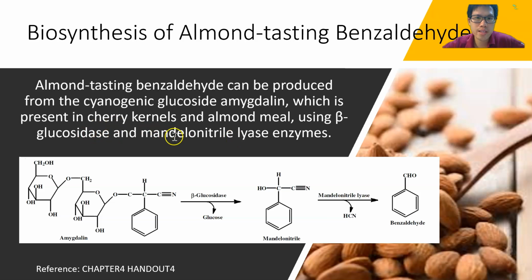Using these two enzymes to generate the benzaldehyde. So amygdalin, which is this molecule, is present in the almond meal. Almond meal can be one of the waste products from squeezing out almond milk. So you can use that and throw in the enzymes. With the presence of enzymes, you will create this molecule, and with this enzyme, you will generate the benzaldehyde. This benzaldehyde over here gives the almond-tasting flavor.